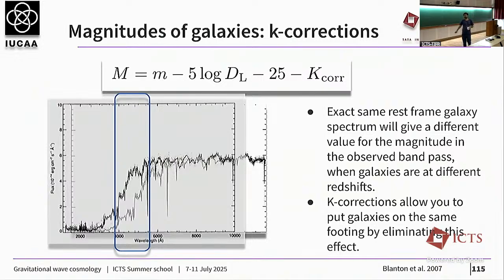Okay? In addition to these K corrections, there are also things called evolutionary corrections. Even if you take a galaxy which is the exact counterpart of a galaxy that is there today, let's suppose two galaxies began exactly at the same time, and one of them you're observing at an earlier redshift, and one you're observing today.